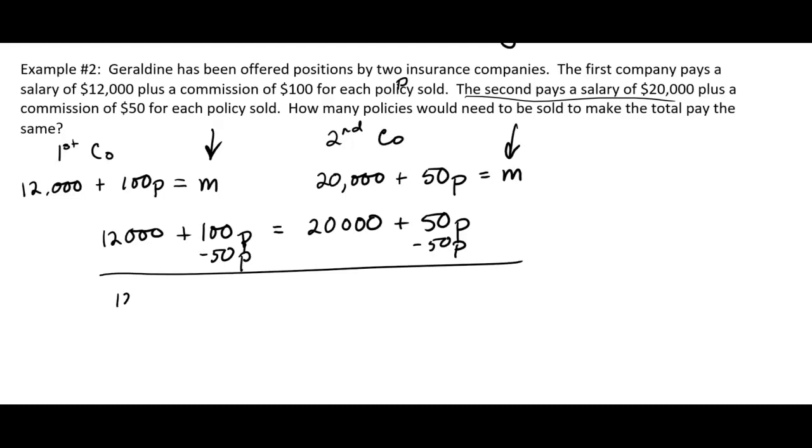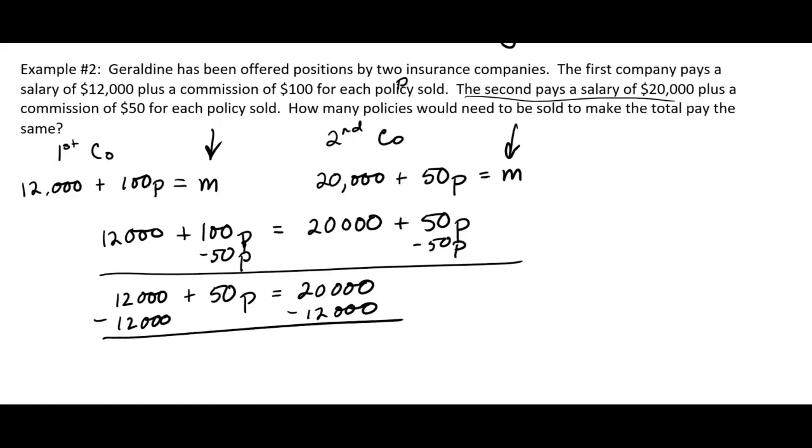And so then that gives me 12,000 plus 50p equals 20,000. And now I'm going to subtract the 12,000. 50p equals 8,000. And then I'm going to divide by 50.